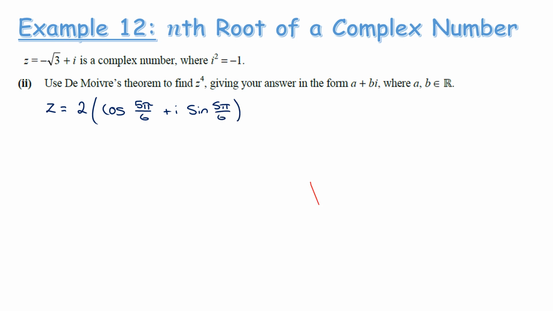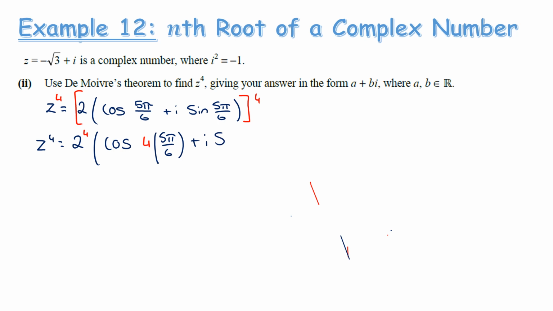We want to do that to the power of 4, so we're going to use de Moivre. So z to the power of 4 is equal to 2 to the power of 4, and then we have cos of 4 times 5 pi over 6 plus i sine 4 times 5 pi over 6.